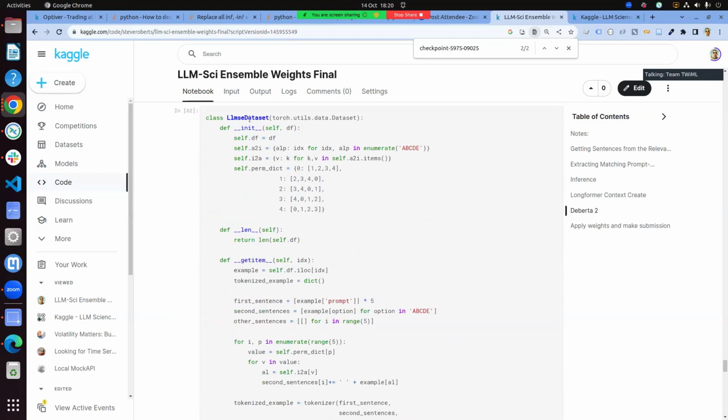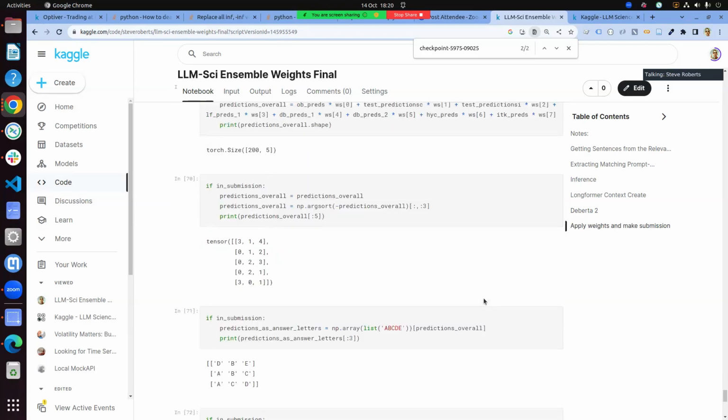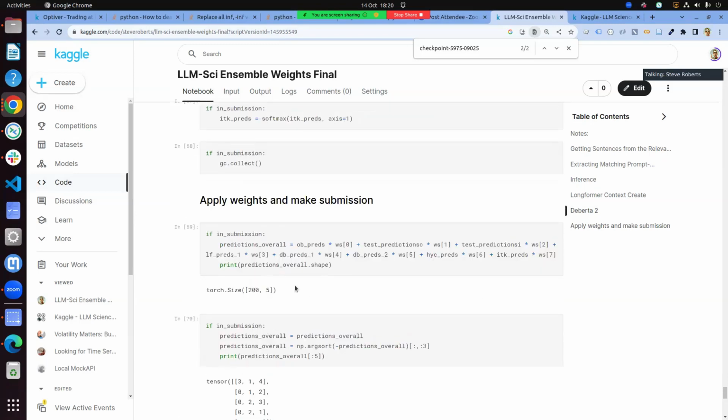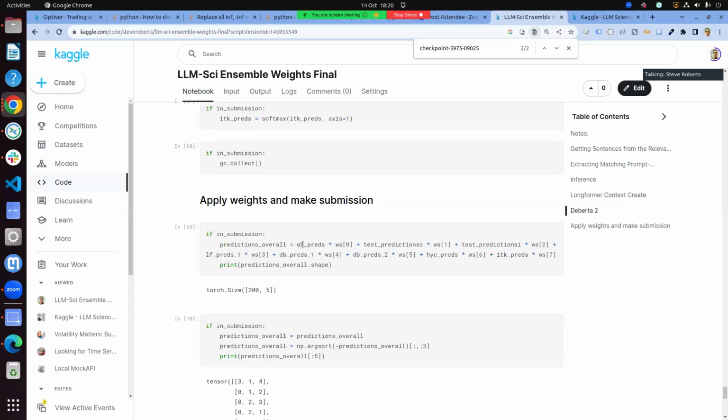Sorry, the other thing I was curious about was, did you combine the actual probabilities? How did you ensemble them? Yeah, they're all just the probabilities coming out, and then at the end, this is the final prediction. It's the softmax taken of the logits.